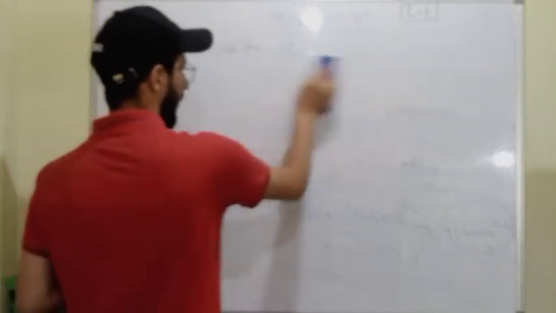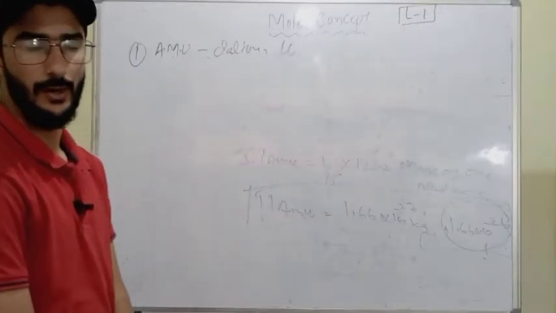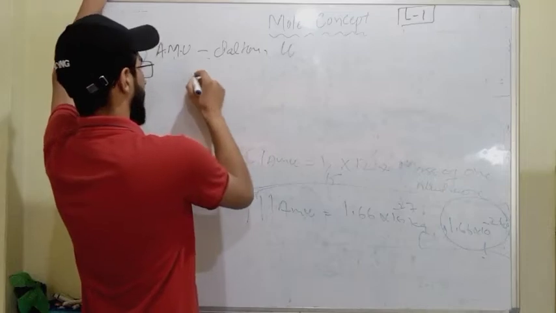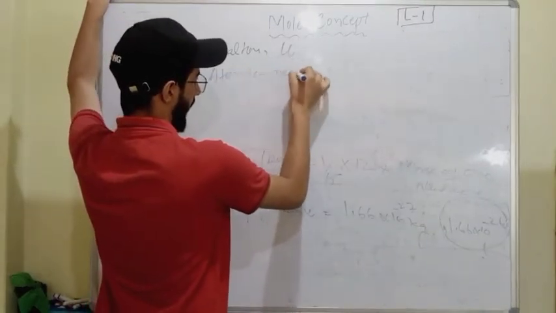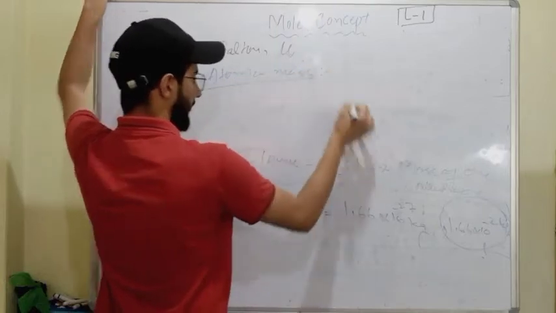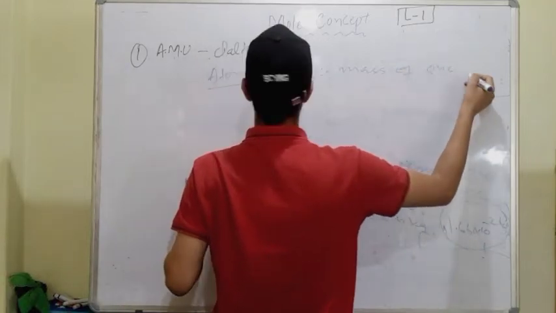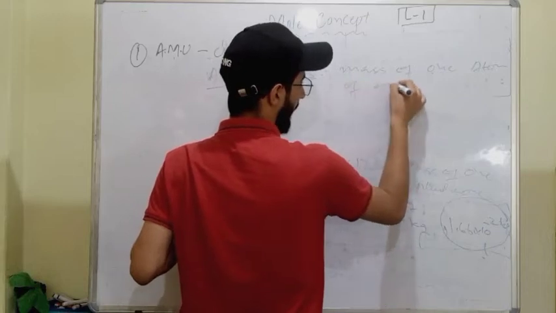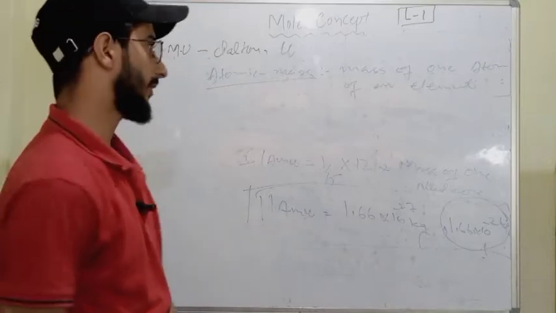Atomic mass is always calculated in terms of AMU, or sometimes in terms of grams too. Atomic mass means the mass of one atom of an element.